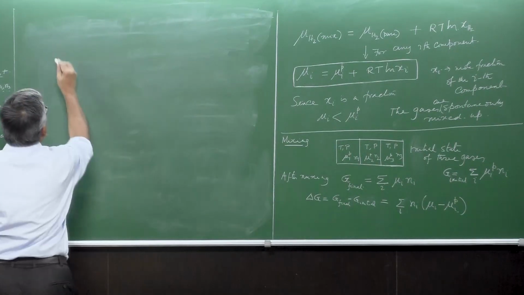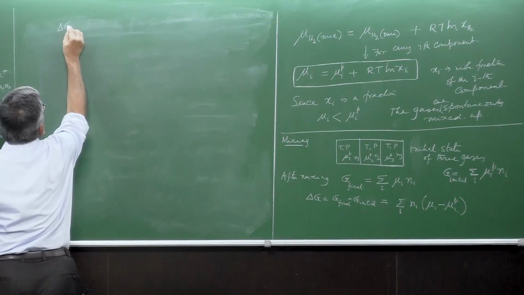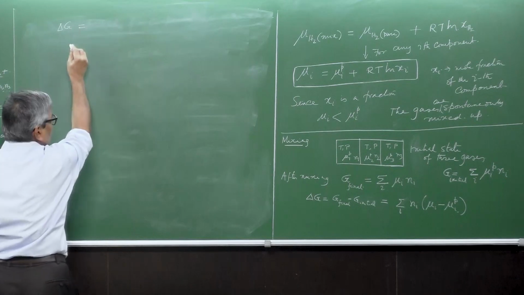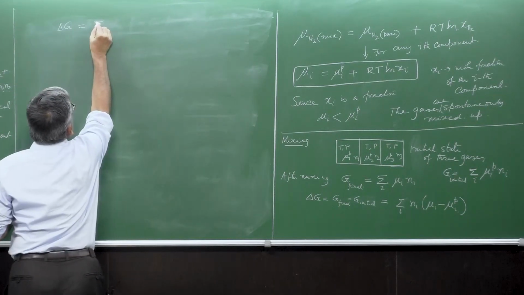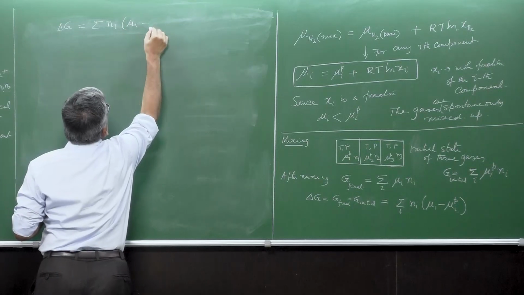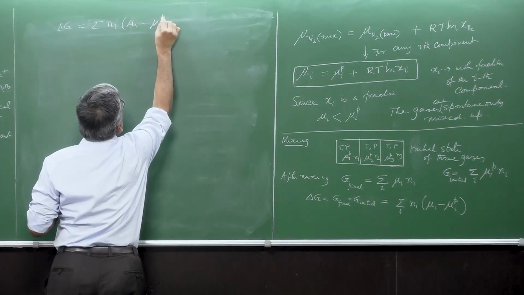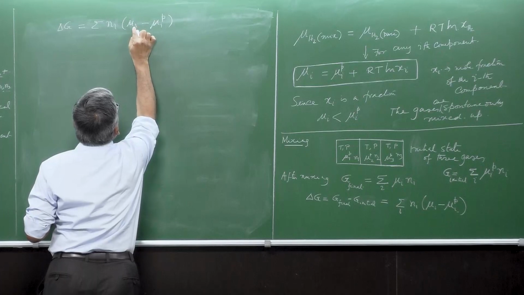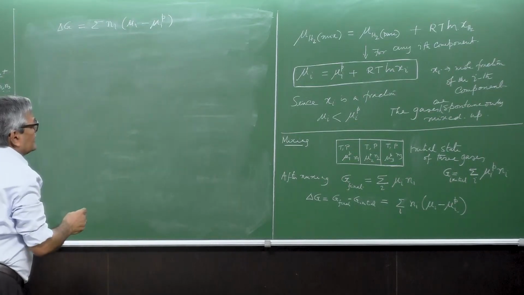Now, delta G, equal to change of potential, is Ni times mu I minus mu I P. So what is this mu I?